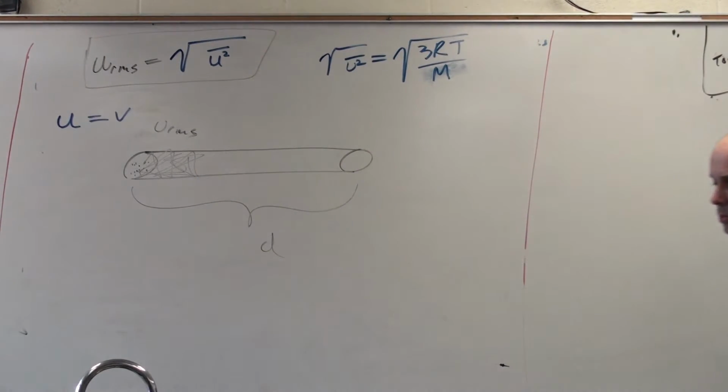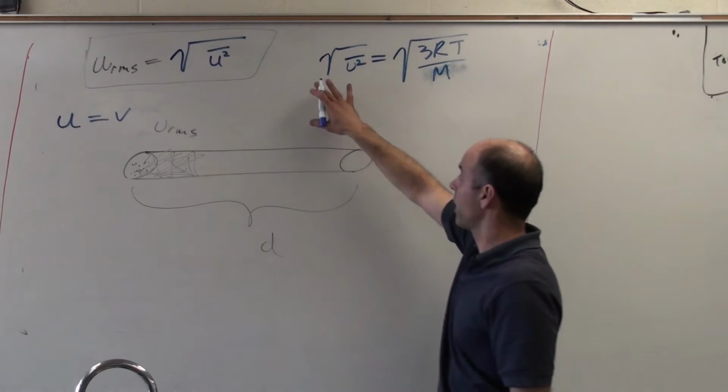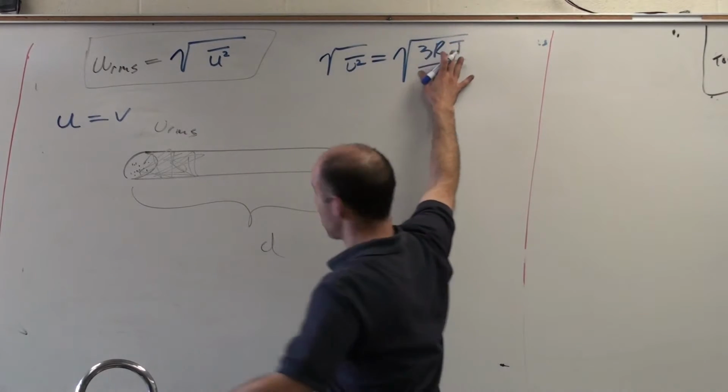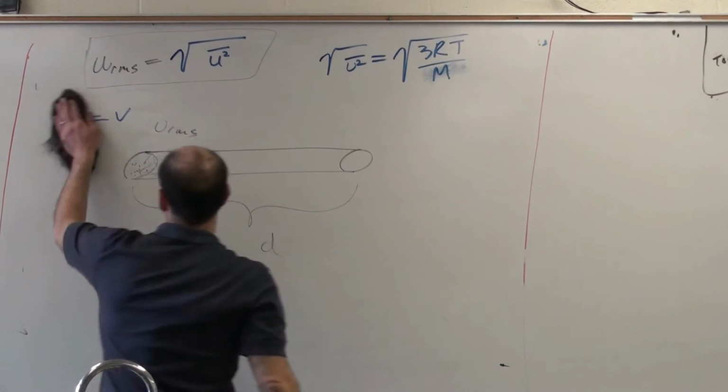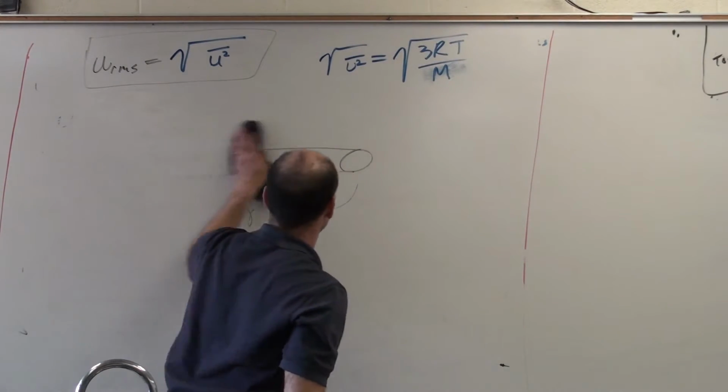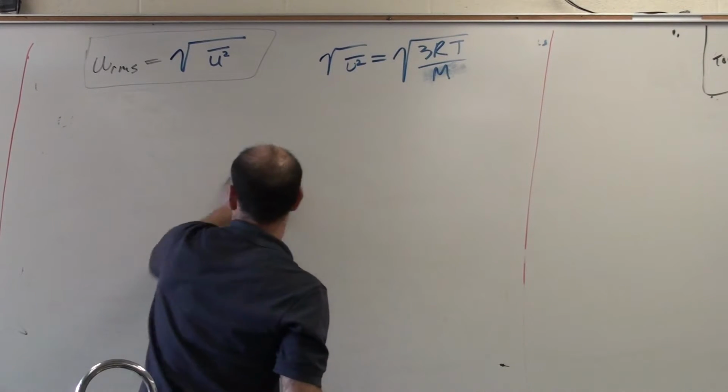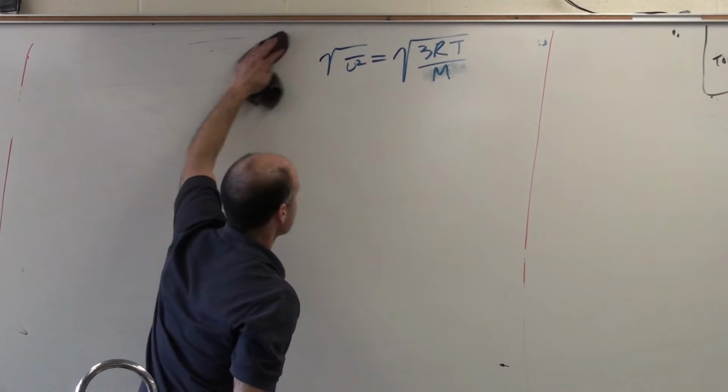I won't go through the mathematics of it because we did that back when we did chapter 5. But basically, if you take the kinetic energy, you can set it to 3/2 RT, you can get this. M is the molar mass.